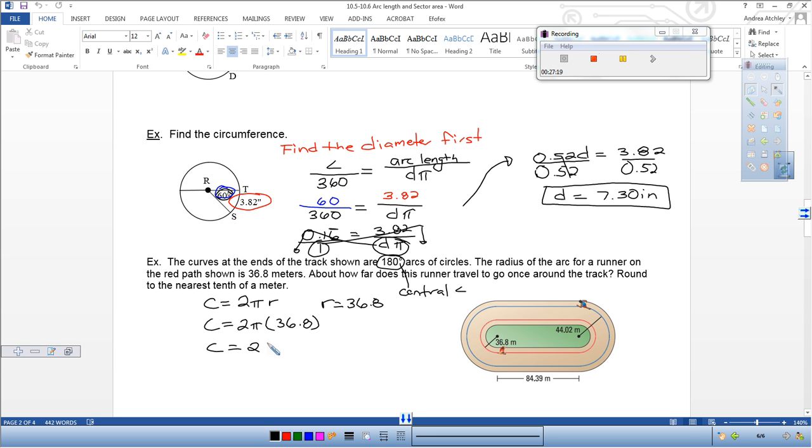I got 231, and that's in meters. So around here is half of that. So this is 115.61, and this part right here is 115.61.